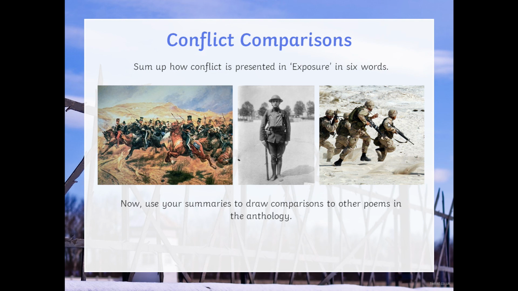So I want you to sum up these conflicts in 6 words. It's difficult to do that, but just give it a try. Take a couple of minutes to do that.